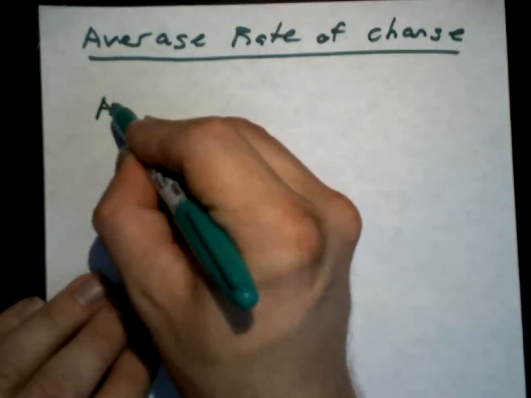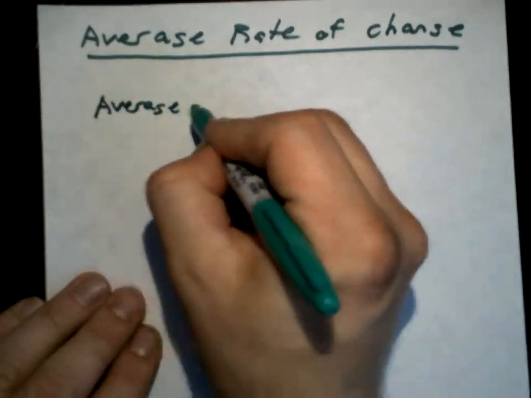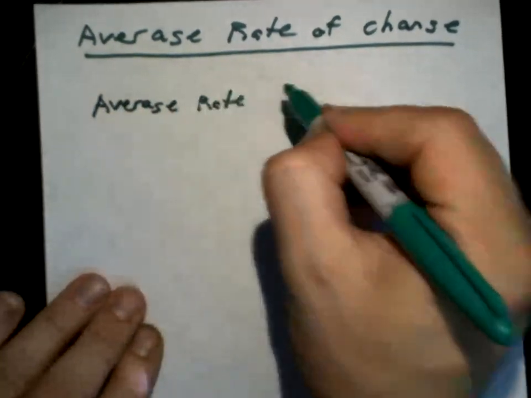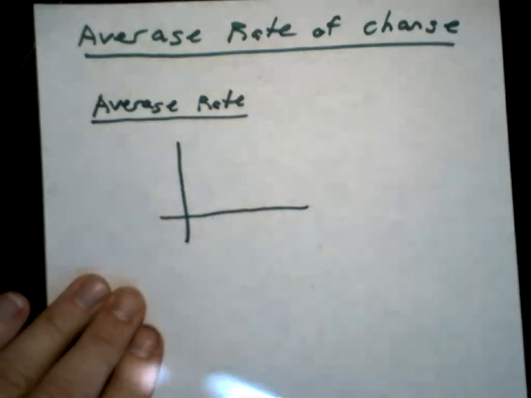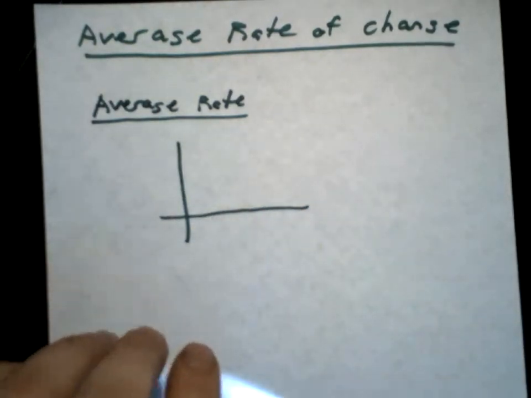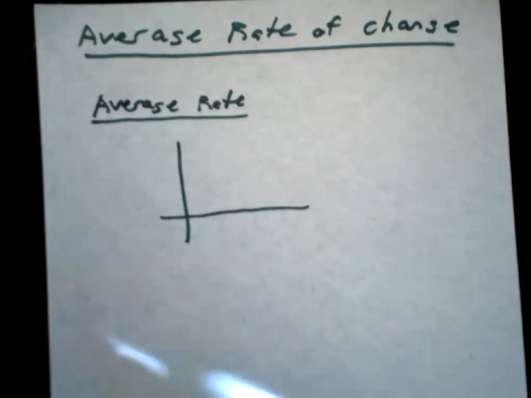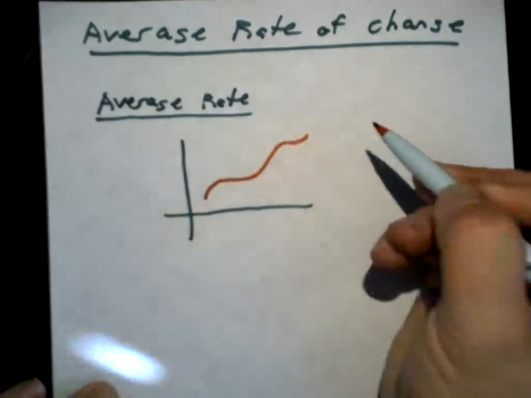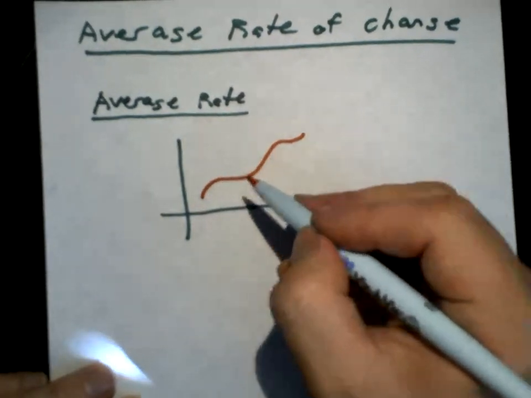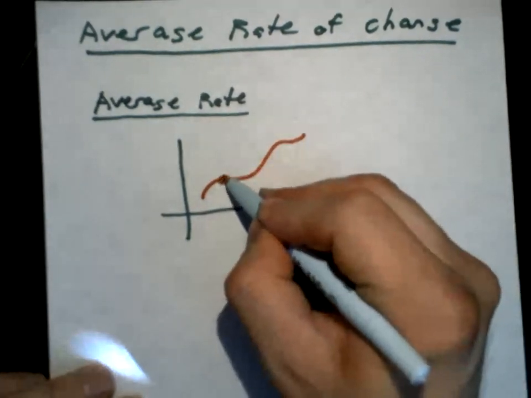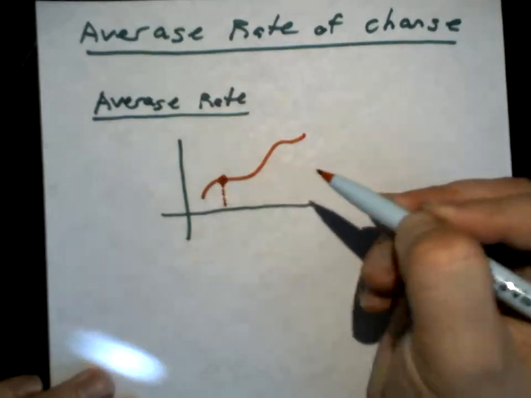So average rate says that if I take a graph like this, and I want to maybe draw something like that. And maybe I'm going along this graph, and I start here, and maybe that goes right there.